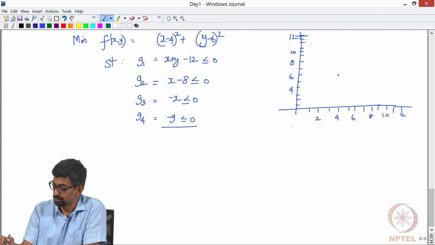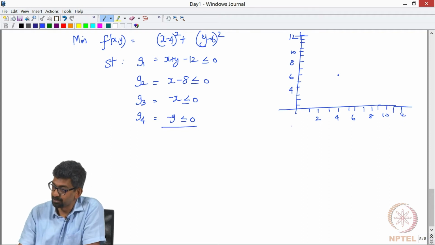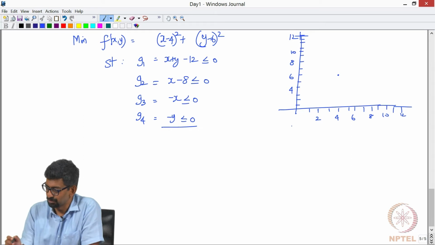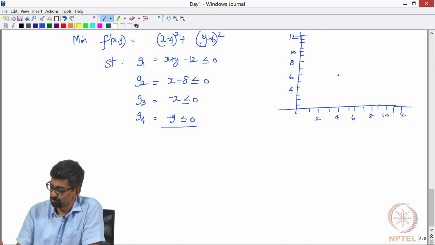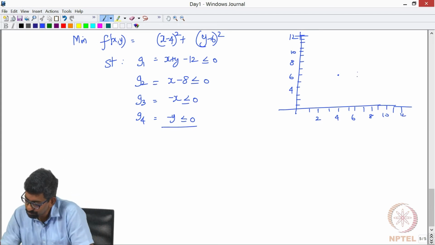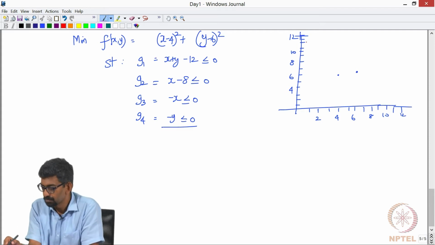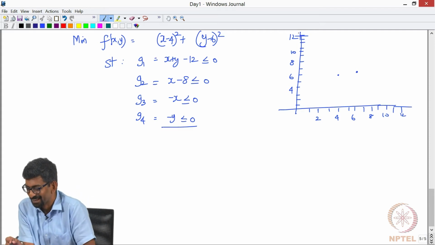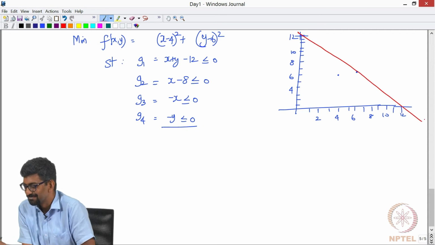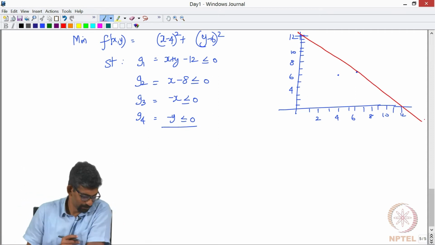It is not to scale, okay. Then some other intermediate value, okay, because it is a linear equation, just 2 points is good enough. But if you want, you can connect this 6 and this 6. So, that is a line, okay.